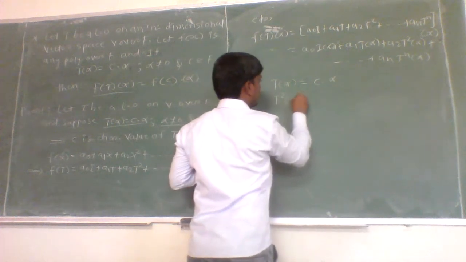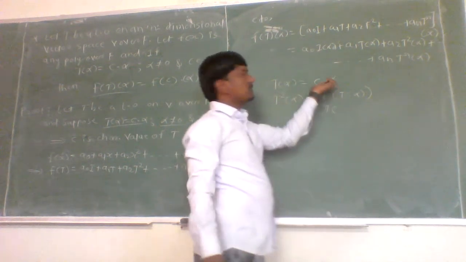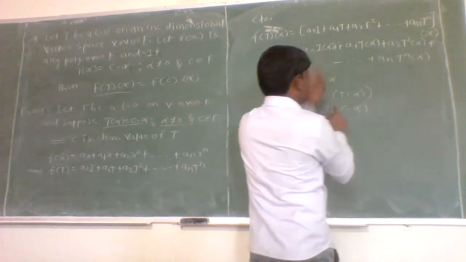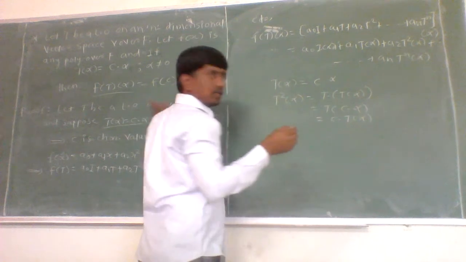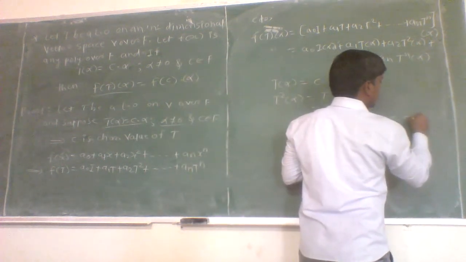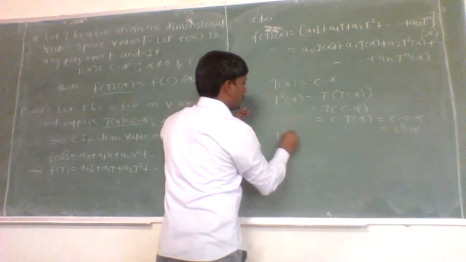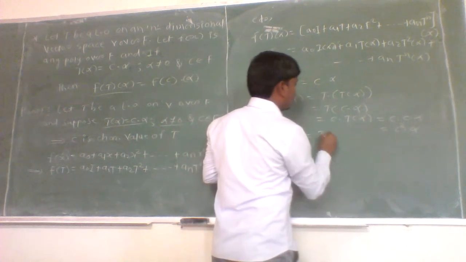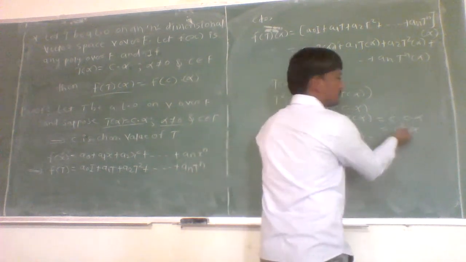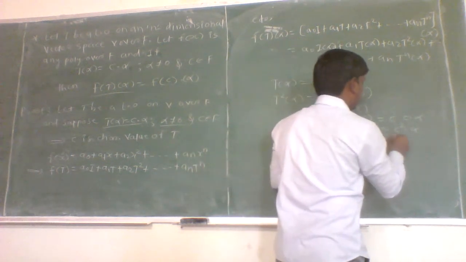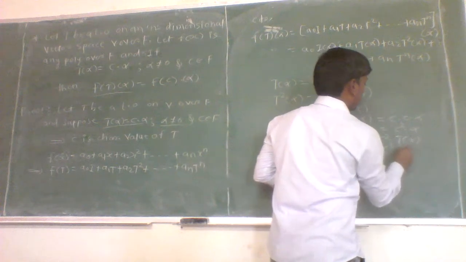Now T squared of alpha is nothing but T into T(alpha), and T(alpha) is nothing but c into alpha, and T is a linear operator, then it is nothing but c into T(alpha). Again T(alpha) is nothing but c alpha, which is nothing but c into c alpha, which is equal to c squared alpha. Similarly, we can prove that T cubed of alpha is nothing but T into T squared of alpha, and T squared of alpha is c squared alpha, and as T is a linear operator, then which is nothing but c squared into T(alpha), which is equal to c cubed alpha.